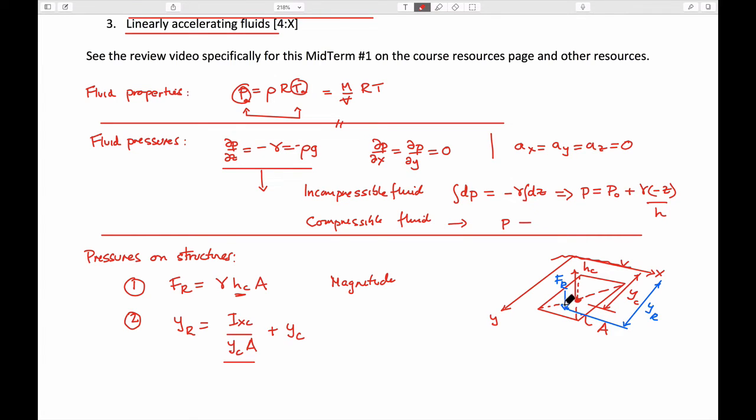Because fluid pressures increase with depth, and their moment therefore increases, the location of the point of action is always at or below the depth of the centroid. And so that's what this delta y c term is here. It's basically this length that we have in here. So that's one way to get that.